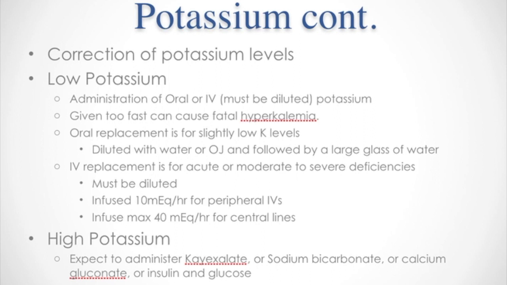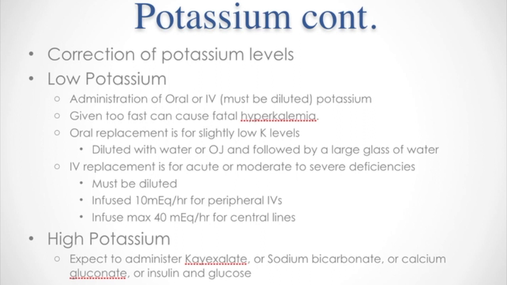So if a patient needs potassium replacement due to low potassium, we are going to give it either orally or IV, but either route must be diluted, because if we give potassium too fast, it can cause fatal hyperkalemia and kill your patient.